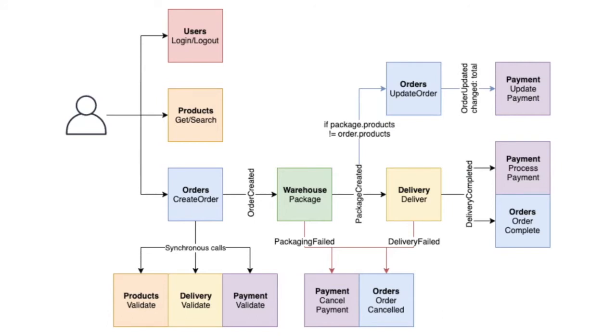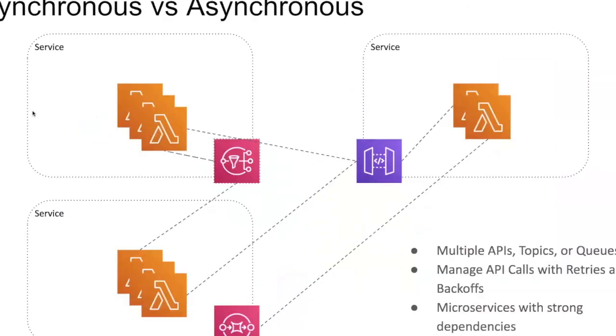We have the users who do login and logout, products, get the products, search the products, orders, create the orders, and that integrates with downstream services like warehouse, delivery, payment processing, and notifications to the user directly.